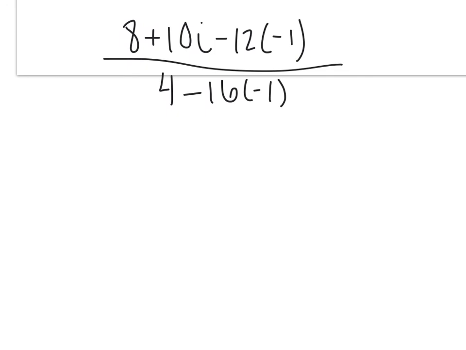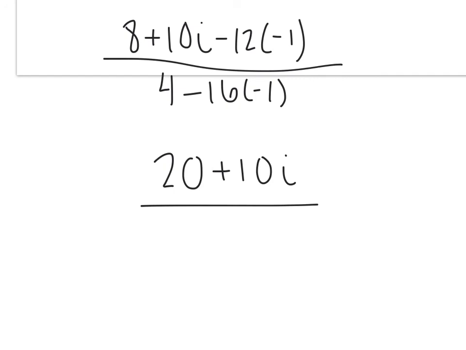I'm going to go ahead and keep going. -12 times -1 gives me a +12. And if I add 8 to it, then I get 20. And then I still have that plus 10i. And then on the bottom, -16 times -1 is +16, plus 4, which is 20.